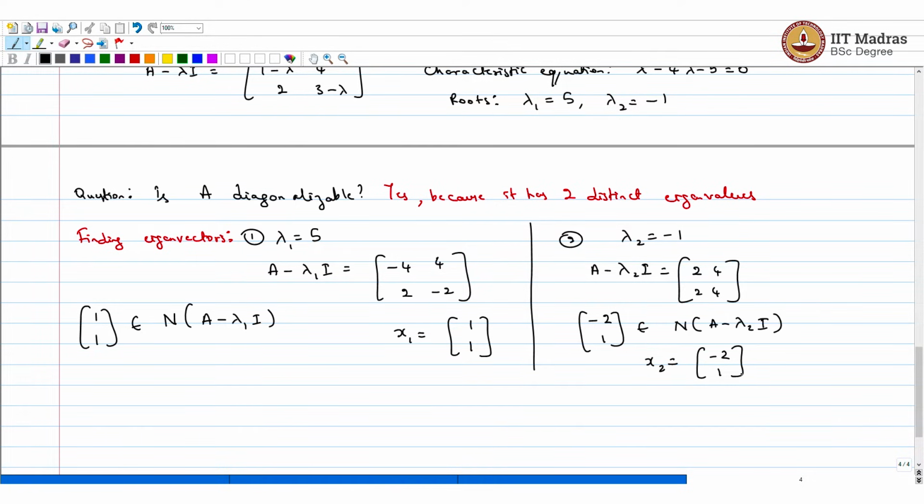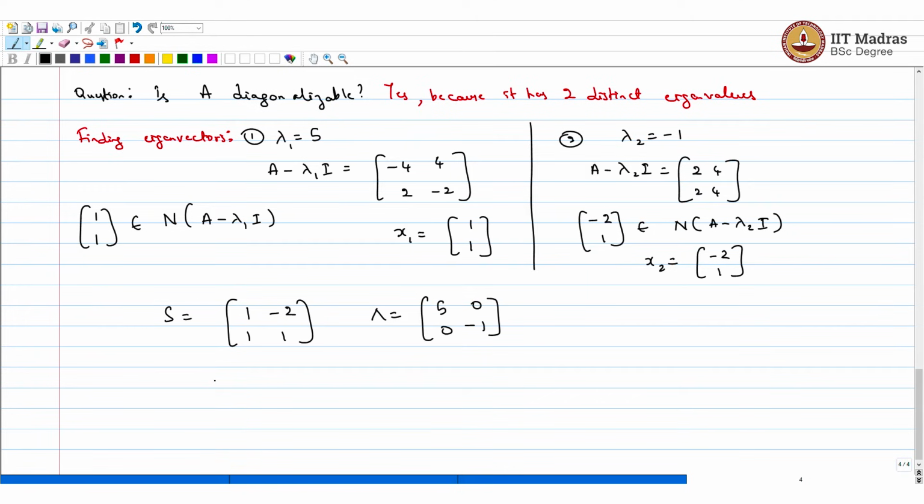And that's about it. Now, you can form the matrix. All you have to do is the matrix S is going to be the stacked eigenvectors, 1, 1 and minus 2, 1, and the diagonal matrix is going to be the eigenvalues, 5 comma minus 1. Just be careful, when you stack these eigenvectors, you have to put the eigenvalues also in the correct order.